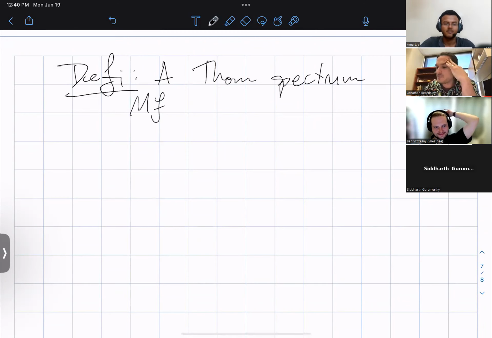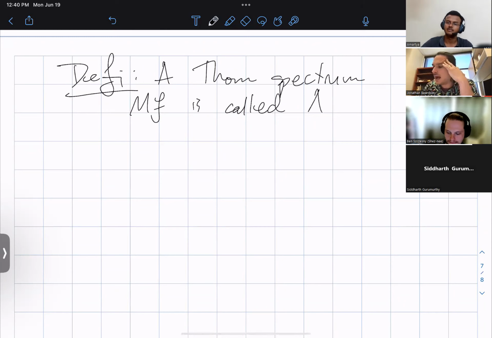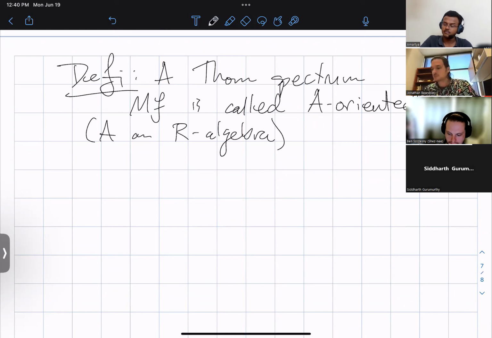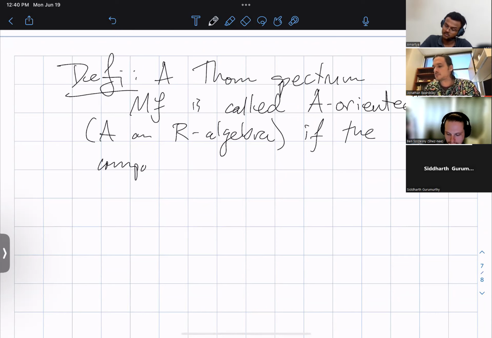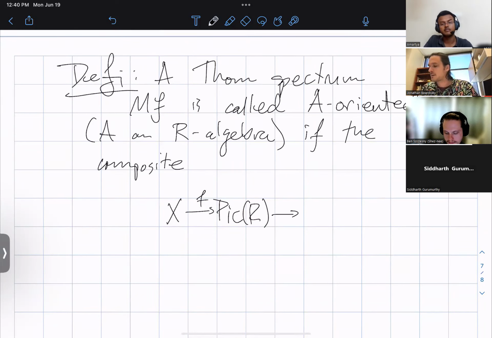So a Thom spectrum, Mf, is called A-oriented, here I should say for an R-algebra A, if the composite from X to BGL1 R to BGL1 A is null homotopic.